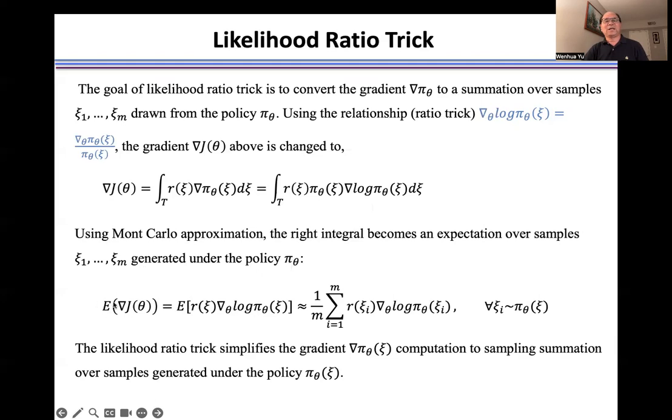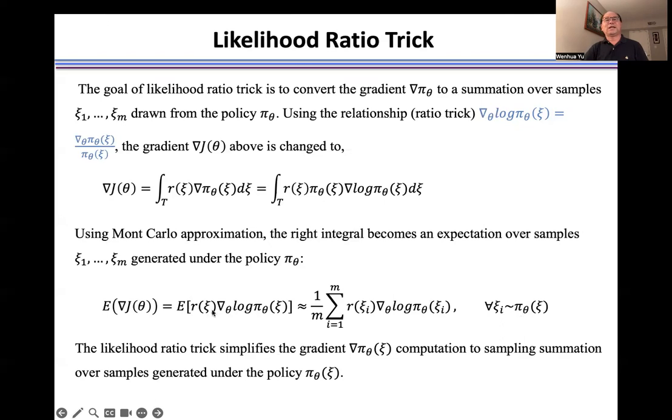This expectation can then be written as a sampling summation. These samples are from the distribution generated under the policy pi. So the likelihood ratio trick simplifies the gradient calculation to a sampling summation over samples generated under the policy pi.